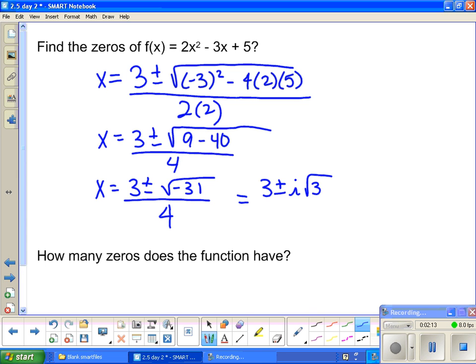Square root of 31 does not simplify, over 4. How many zeros does this function have? It has 2 imaginary complex zeros.